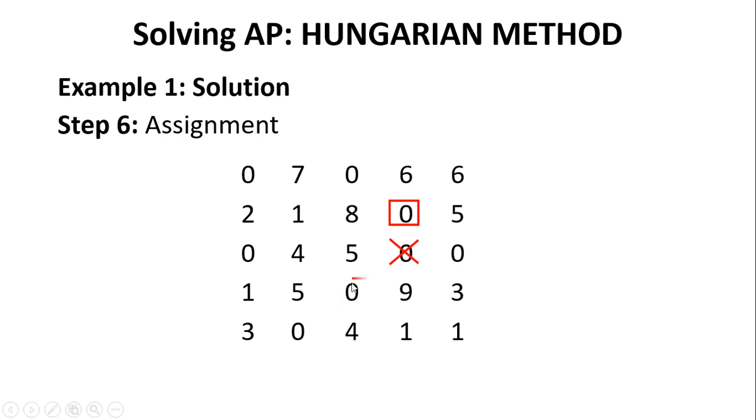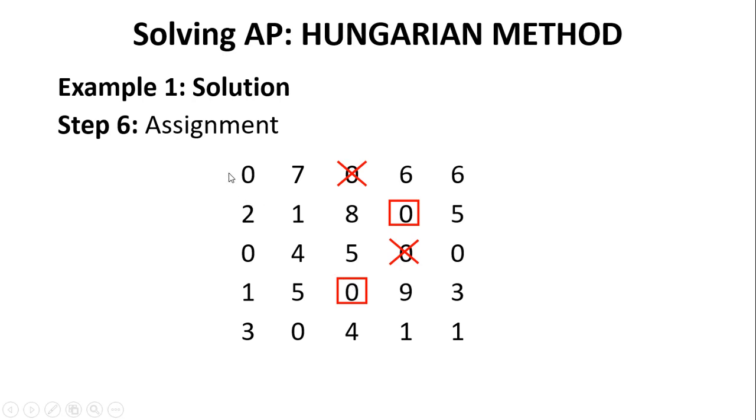So we are going to make an assignment there. And then we check in this row whether there is another 0, because we need to cross it, or in this respective column. We can see that at the top there is an unassigned 0, and we are going to cross it because this job has already been assigned a particular machine to perform it.